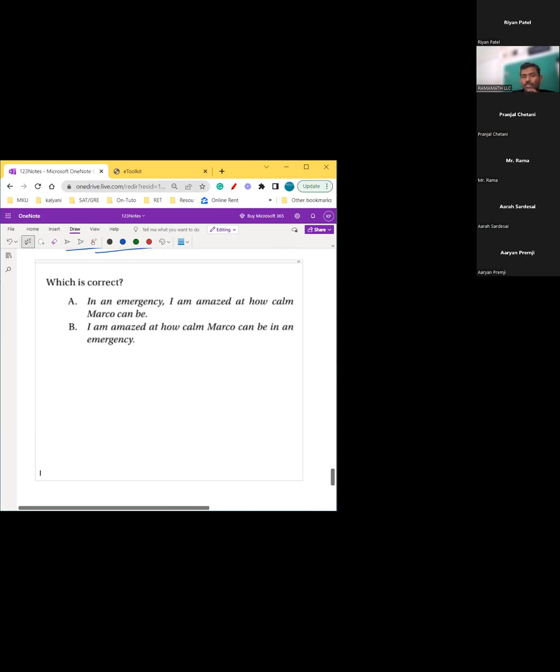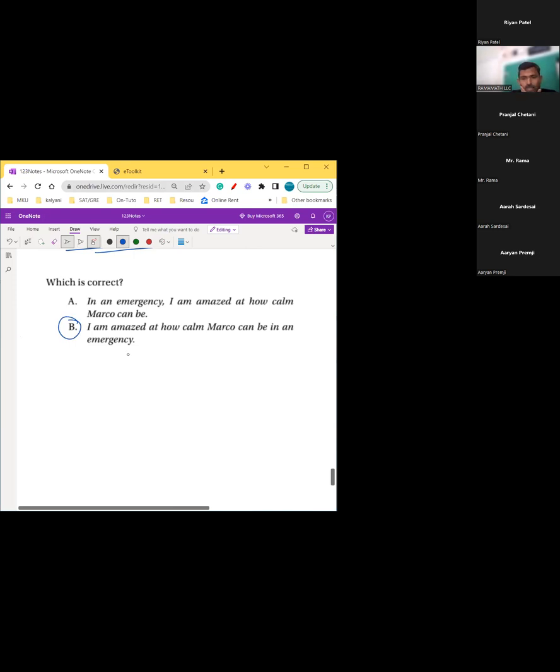The first sentence says, in an emergency, I am amazed at how calm Marco can be. But if I look at it carefully, for the prepositional phrase "in an emergency," we don't know whether the question is when Marco can be calm, or when I am amazed. Those are the things we need to check carefully, and in this case B is the better answer.